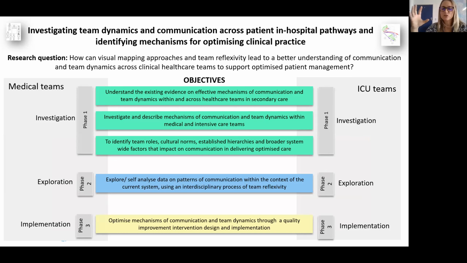The first objective really is to try and understand what is currently happening around practices, around team dynamics, around mechanisms of communication. And then we'd like to use a process of team reflexivity to feed the data back to the various teams, and for them to, in the third phase, look at a process of implementation, which is a quality improvement process.